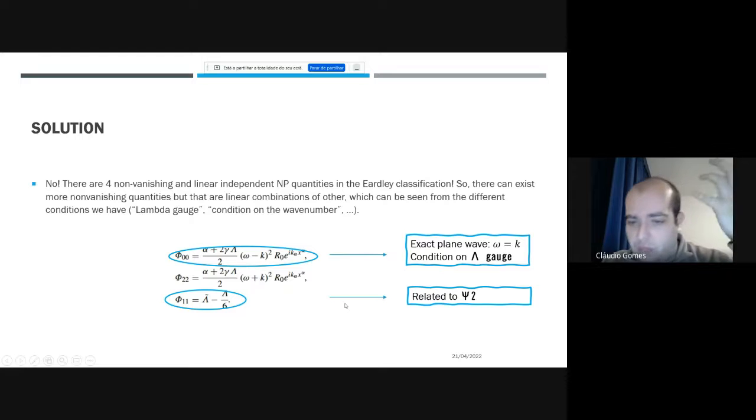So in any theory, if you compute and you find some non-vanishing Newman-Penrose quantities, what you need to be careful about is, are they linear combinations of other ones? Okay, look at it. Perfect.